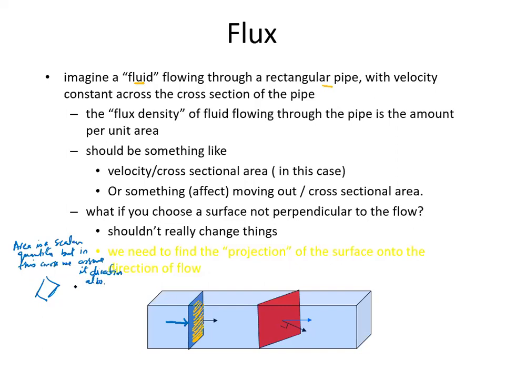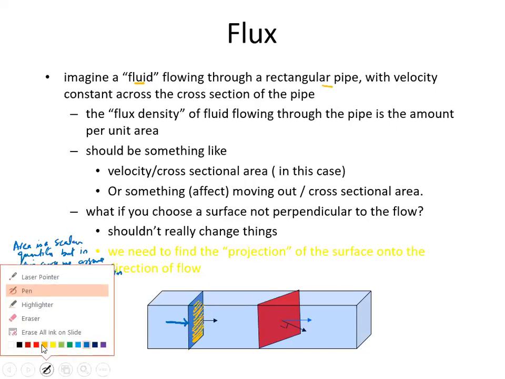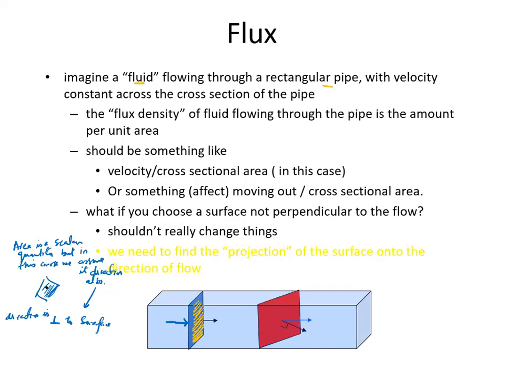And the direction is perpendicular to the surface. The direction of the area is perpendicular to the surface. So if this is the surface, its direction will be perpendicular to it, normal. So the direction of the area is the normal vector to that plane containing the area.